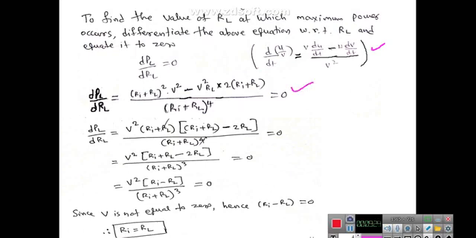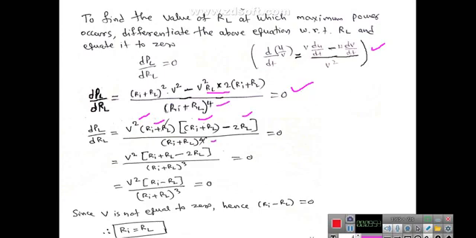Then you rearrange it: V square into (Ri plus RL) minus V square into RL, one term (Ri plus RL) is taken common, and you are left with 2RL minus 2RL in the numerator, and the denominator stays as it is.